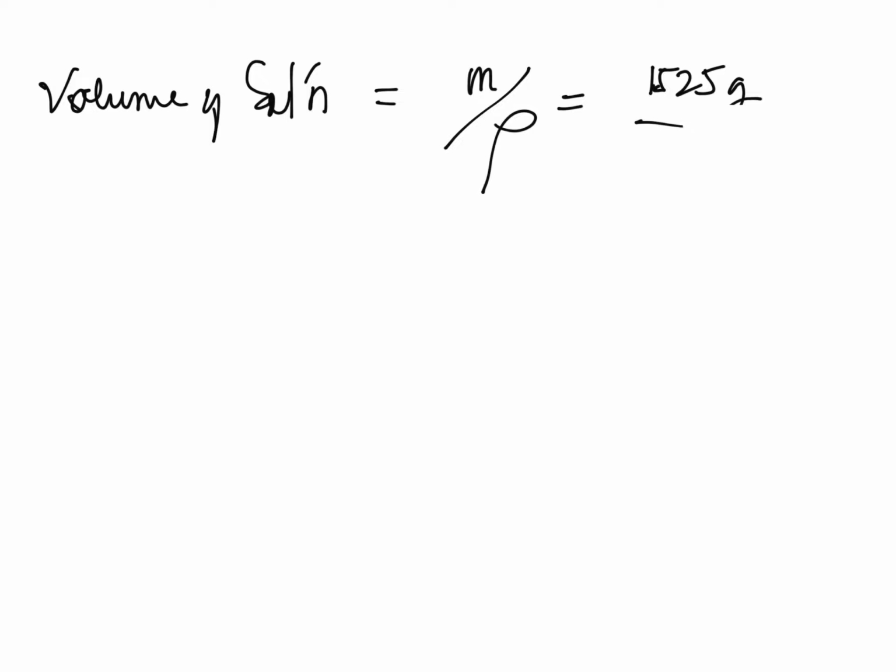So let's try to be clear. So let's just not use the volume of the solution, but the first thing that we're going to do is calculate the volume of the sodium hydroxide, or the solute, which is mass divided by density.